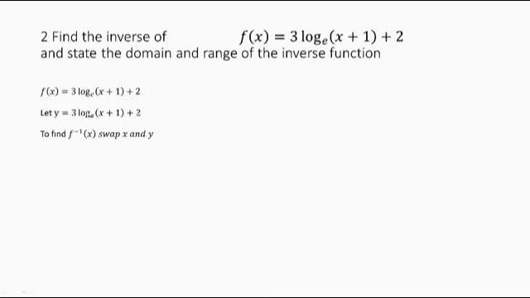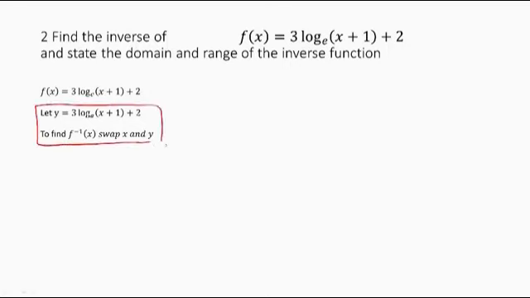This part's really important. If we don't write that, the examiners will take off a mark. Now, when I swap x and y, x equals 3 natural log of (y plus 1) plus 2.